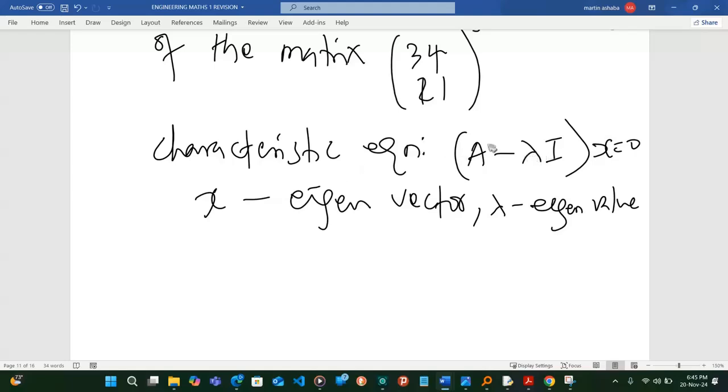We are going to get the eigenvectors, of course, using each eigenvalue. So, what we are going to do is let the eigenvector be x1, x2.